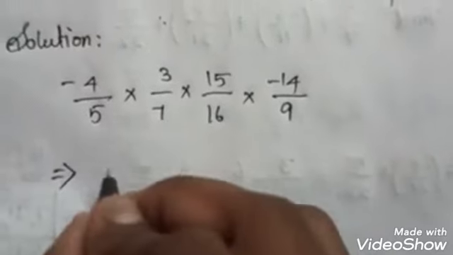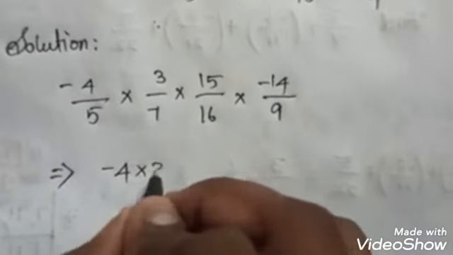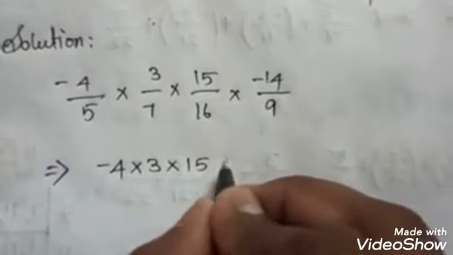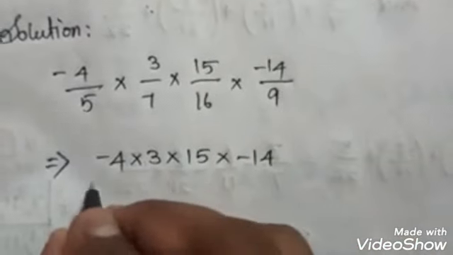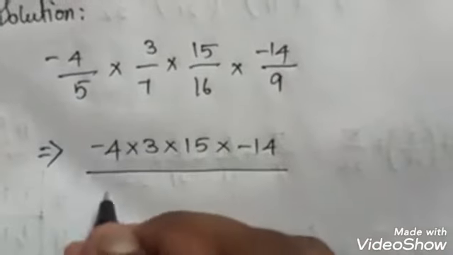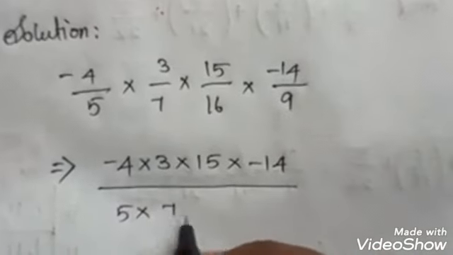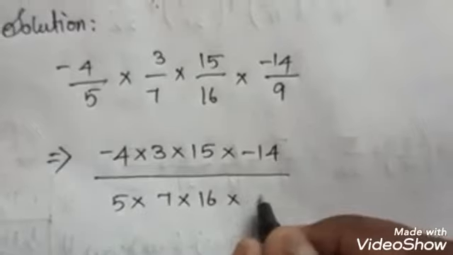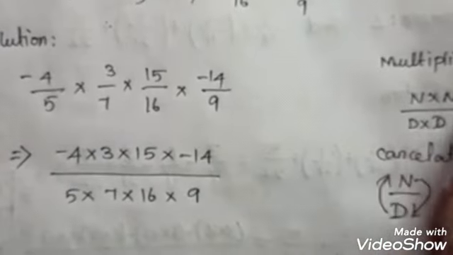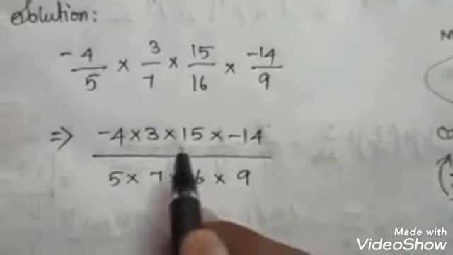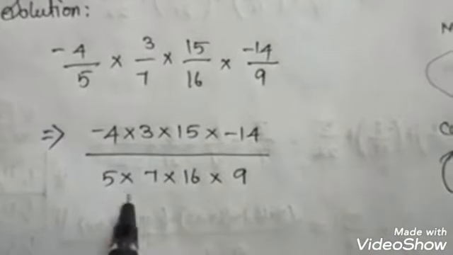So which implies minus 4 into 3 into 15 into minus 14, these are all numerators, whole divided by 5 into 7 into 16 into 9, these are all denominators. So the first condition, the multiplication condition, we follow all numerators and all denominators.